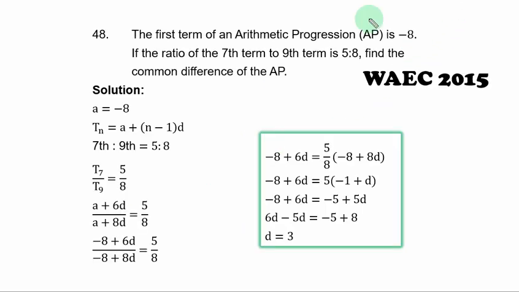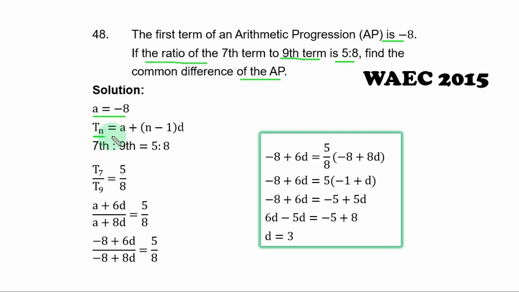Example 48. The first term of an arithmetic progression, AP, is minus 8. If the ratio of the 7th term to the 9th term is 5:8, find the common difference of the AP. Solution. The first term A is equal to minus 8.